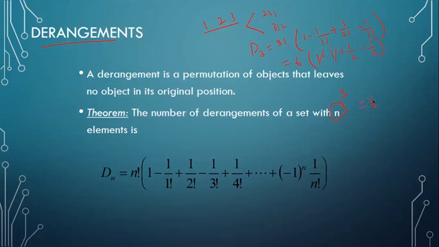So this is cancelled: 6 into (1 by 2 minus 1 by 6). It will give you the answer 2. So the number of derangements with 3 elements is 2.